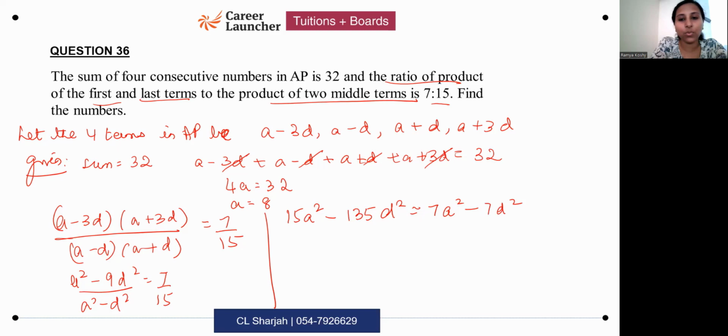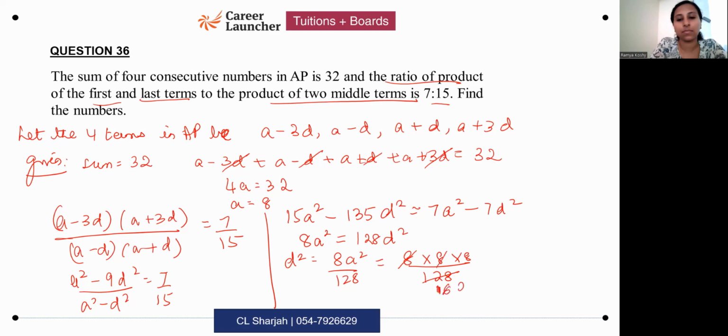So I'm going to get over here 8A square is equal to 135 minus 7, 128 D square. So D square is 8A square by 128. Now I'll substitute 8 into 8 into 8 by 128. So I'm getting D square as 4.